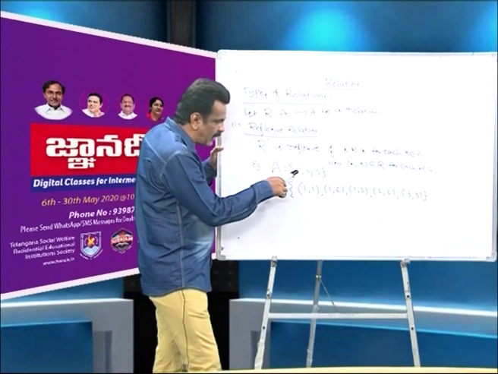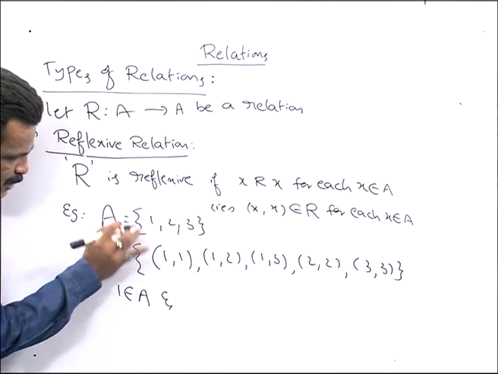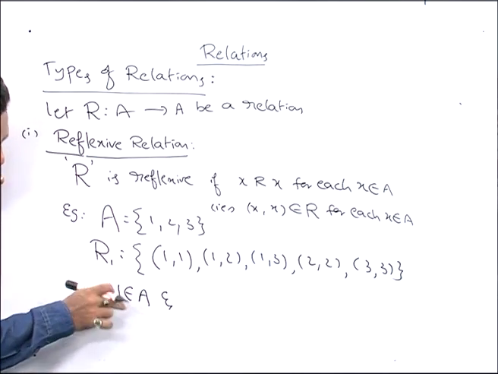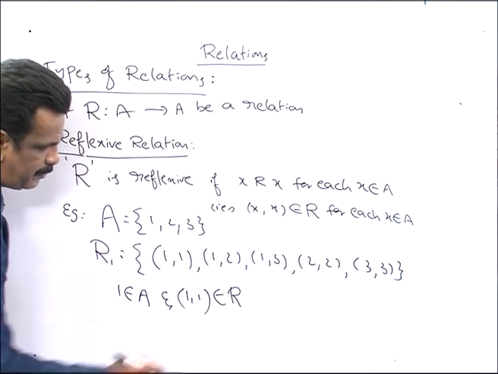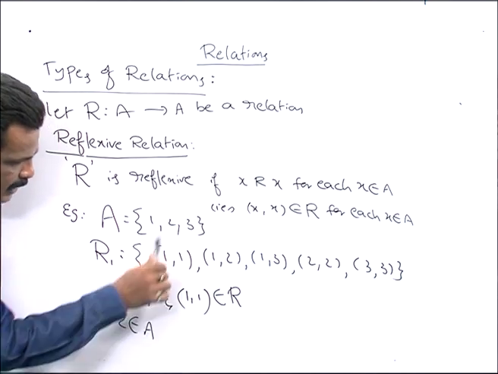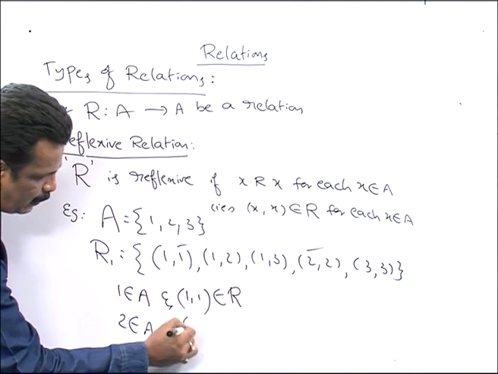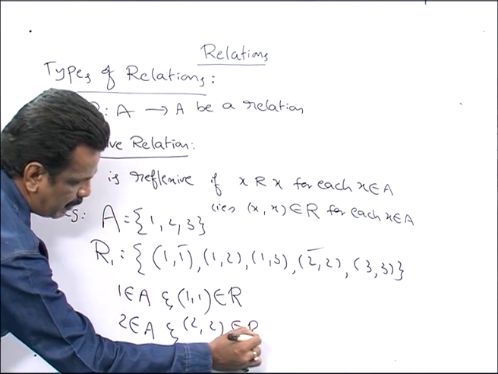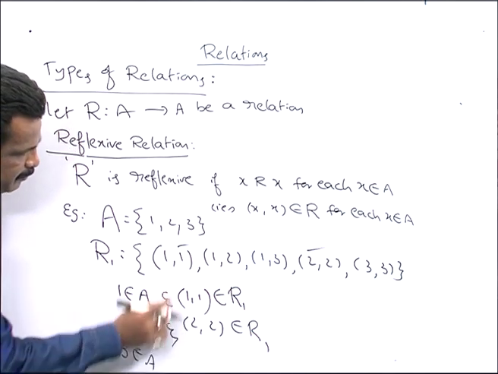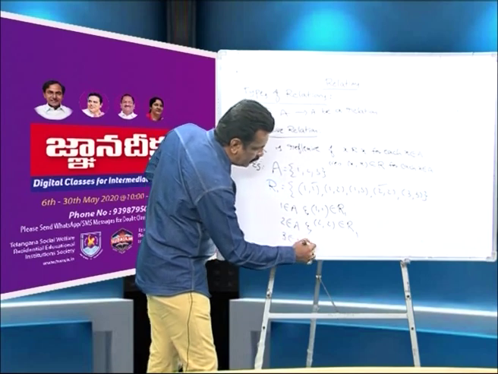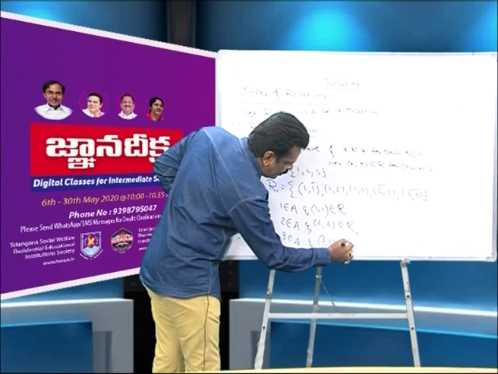See here, A has 1, and the corresponding self-image ordered pair 1 comma 1 is also in R1. 2 is in A, and 2 comma 2 belongs to R1. Next 3 is in A, and 3 comma 3 is also in R1.